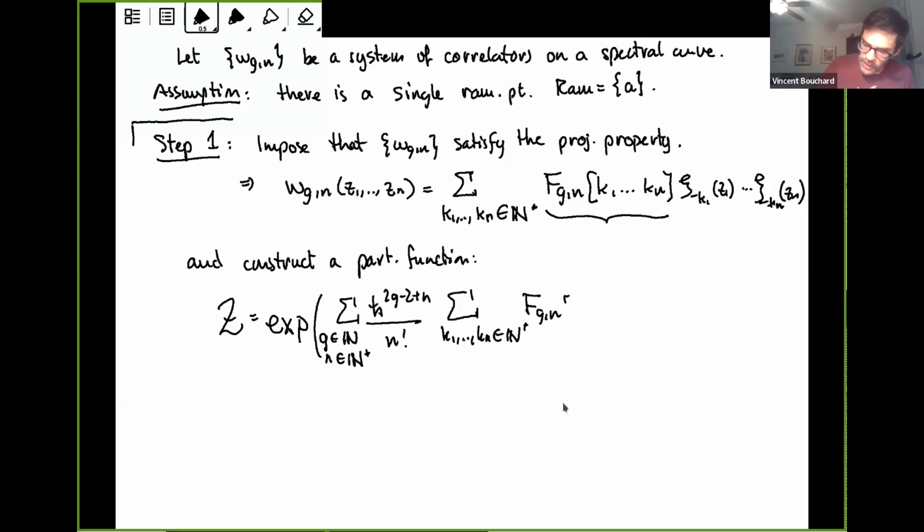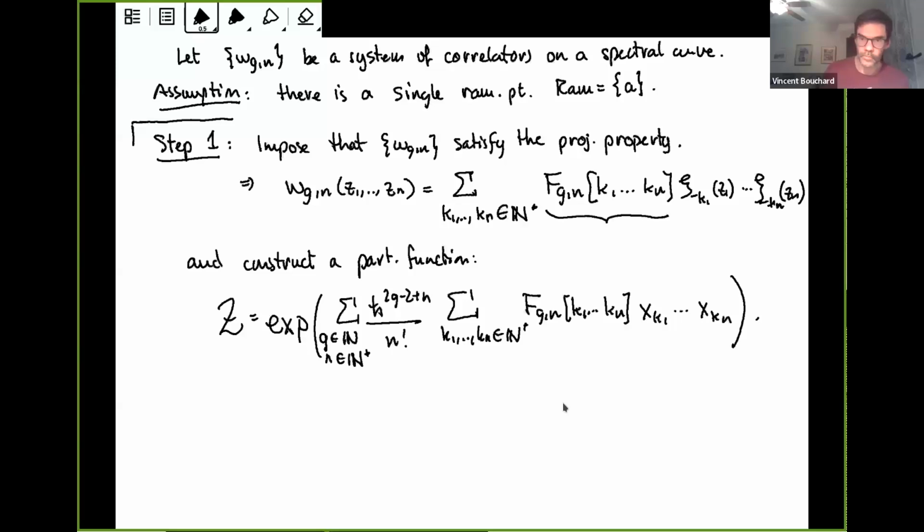So one way to think about it is that we are just constructing different generating series for these coefficients F g,n. First, we get these F g,n as coefficients of the omega g,n. Second, we construct them as coefficients of a partition function. Okay, so it's just a different way of encoding the same information if you want. Okay, so that's the first step.